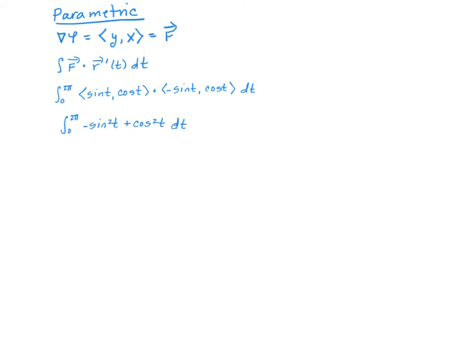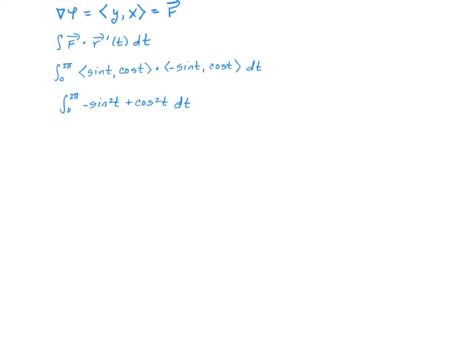Okay, so there's a variety of ways that I could integrate this. I could split it up into two integrals and I'll have sine, sine, cosine, cosine. I don't know if that'll help me at all. Another thing you could do is go back to your trig identities. So cosine squared minus sine squared is actually cosine of 2t.